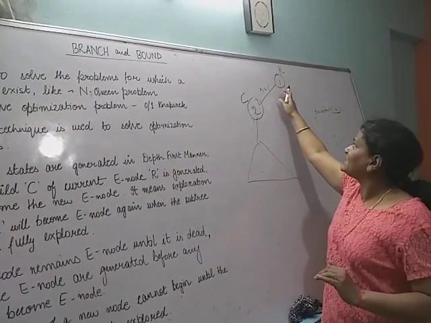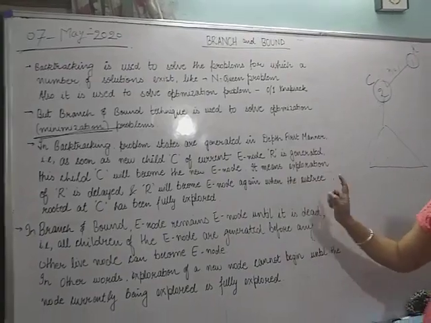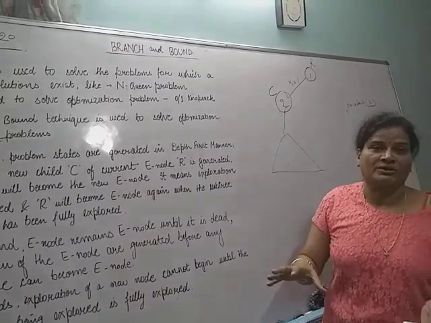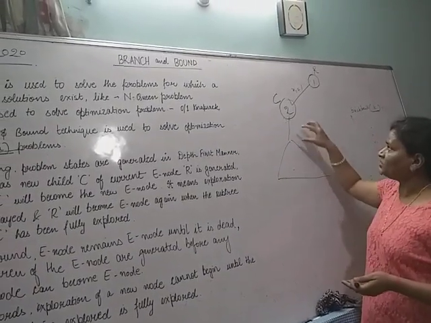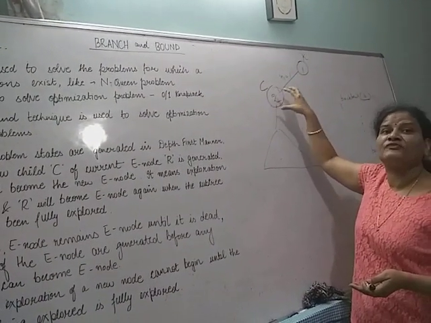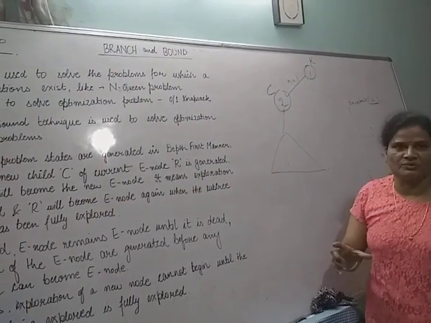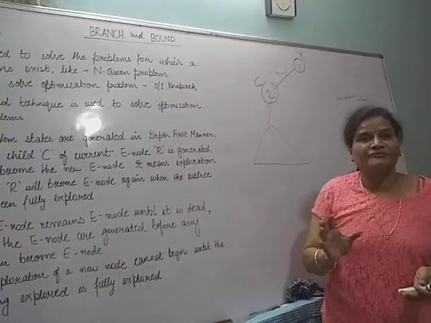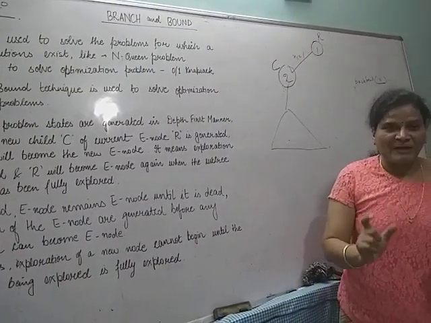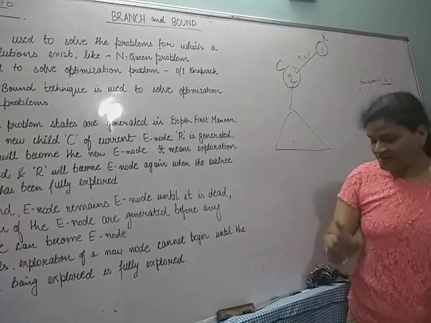R will become E node again when the subtree rooted at C is explored. When all the options for the tree are fully explored, or in other words, when the node C is fully explored, then only this R will become the new E node. This is the way of generating problem states in backtracking. So in backtracking, problem states are generated in depth first manner.